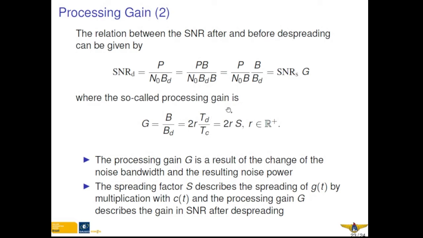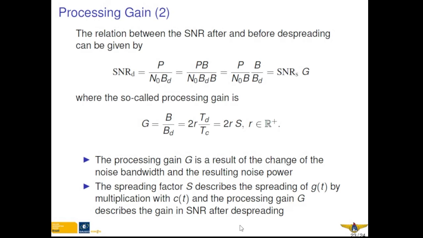And this number R is dependent on the time bandwidth product of the spreading waveform that we use, if we assume a rectangular pulse shape for the navigation data message, and the data message is binary, changing with the code periods. To put it all in a nutshell, the processing gain G is a result of the change of the noise bandwidth and the resulting noise power, as we have seen.